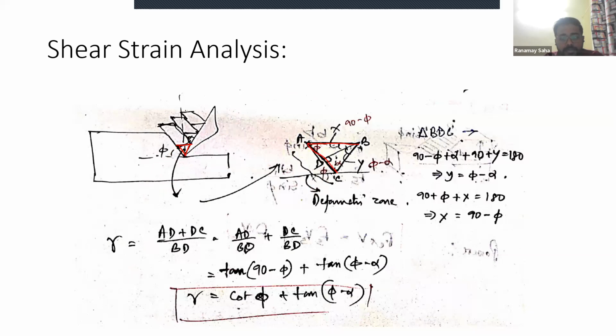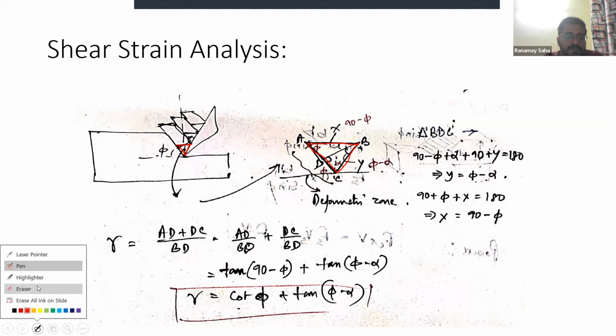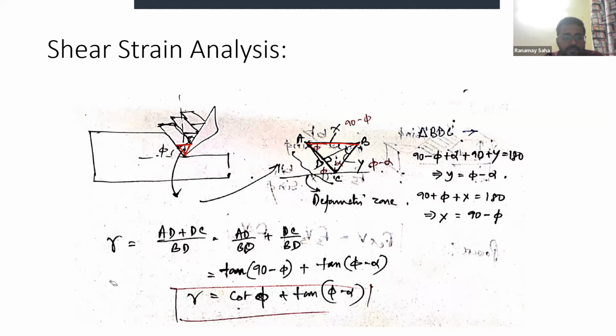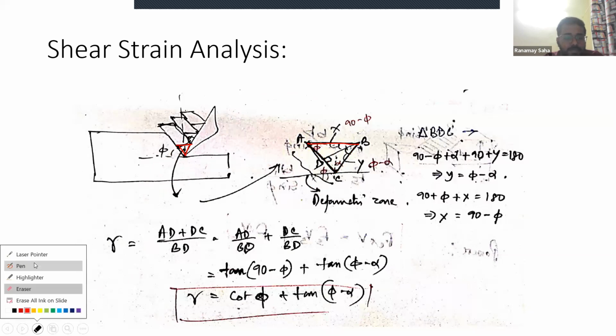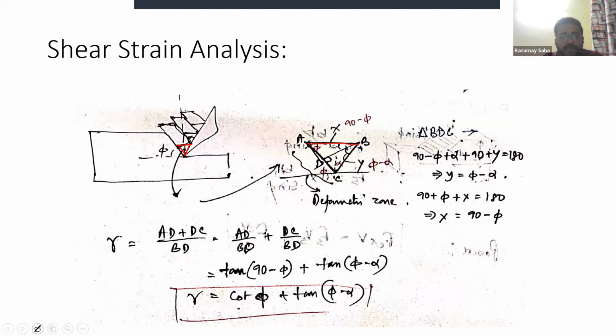So if you do that, you have this particular angle as the rake angle, okay, rake angle alpha. So this part becomes alpha. Then this is phi, the shear angle.